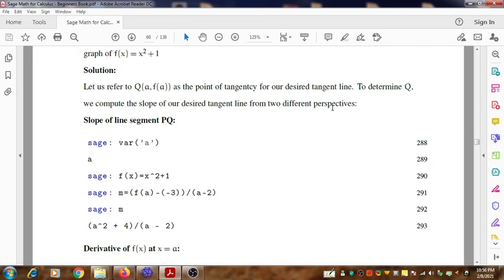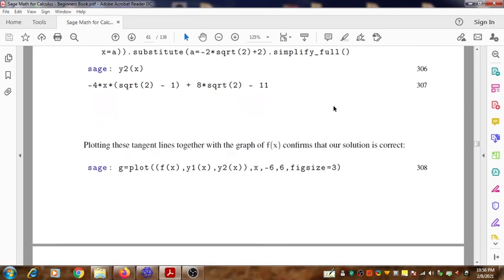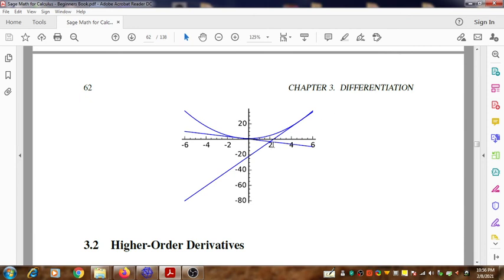Where is that? This is the point 2 minus 3, because the scaling along the x-axis is very different from that along the y-axis.